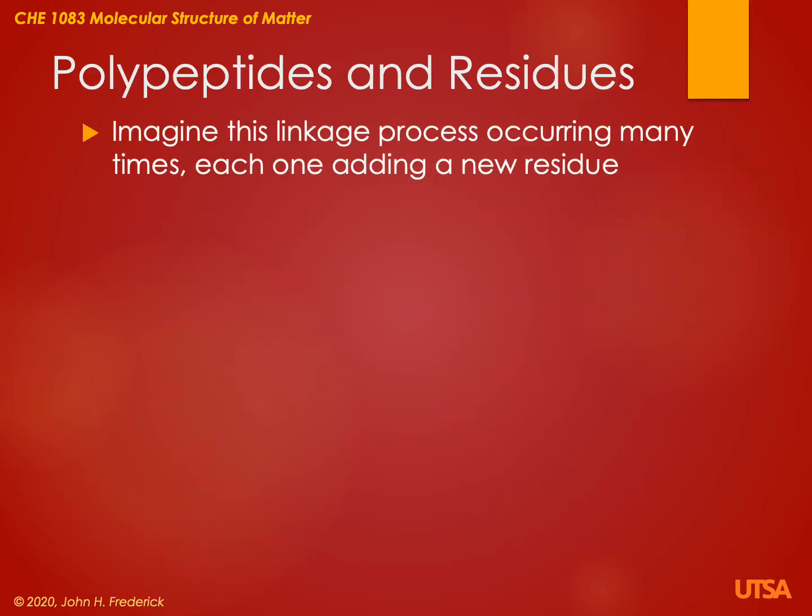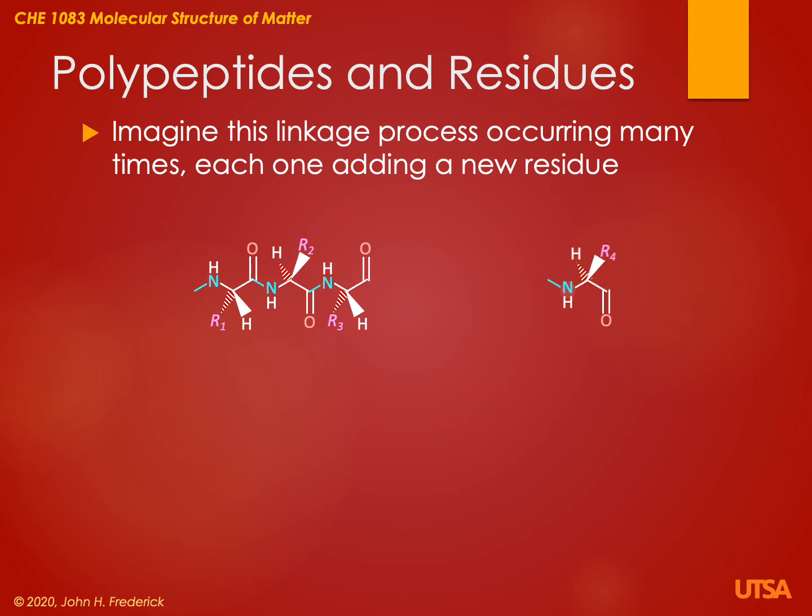So what happens when we bring this linking process together many times? So we start with one amino acid, we connect another, and then another, and then another, and so forth. All right, so this can go on for many thousands of residues, in fact.